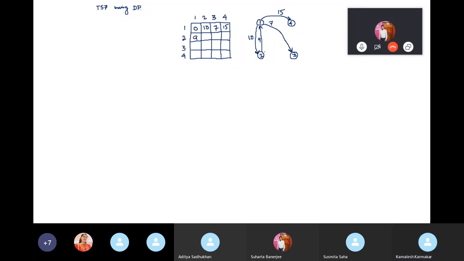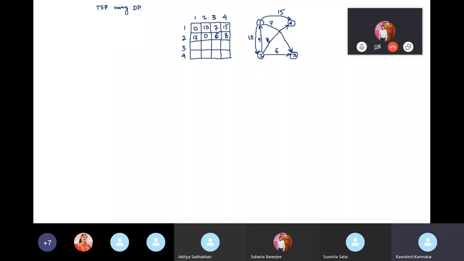If 2 to 3 is 6, then this value is 6. Okay, this value is 0. 2 to 4, if it's 8, this is 8.